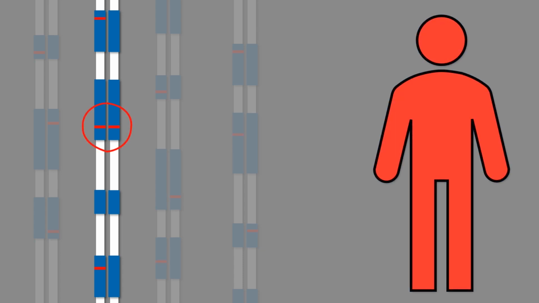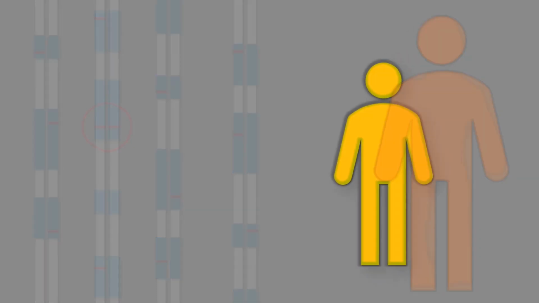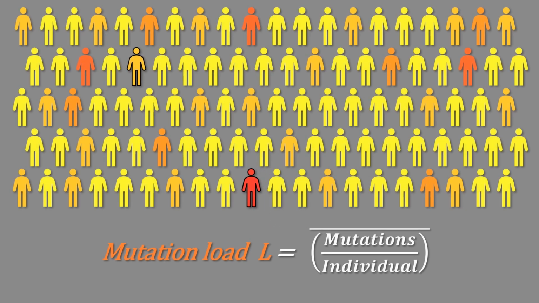If a mutation is homozygous or compound heterozygous, the individual falls ill, which is represented by a black border. In our model, an individual with ARID cannot reproduce further and thus cannot pass on mutations to the next generation. Another important term from population genetics is the mutation load, the mean value of mutations per individual.